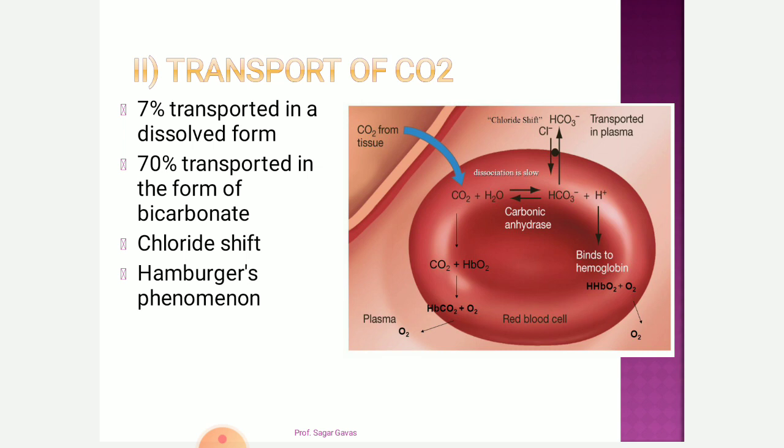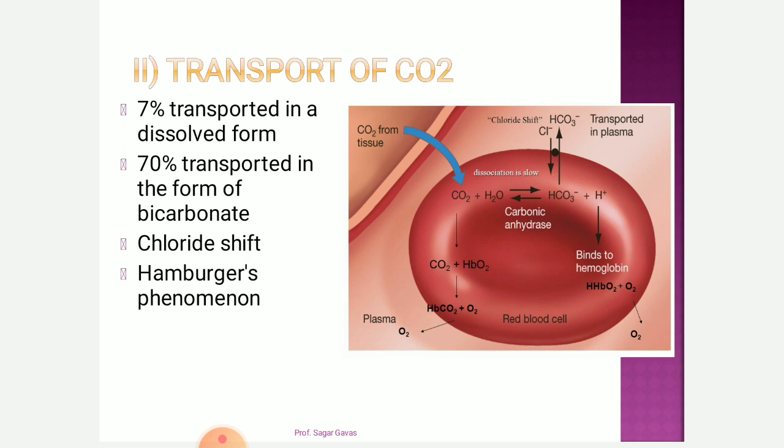H2CO3 dissociates into HCO3 and H plus ion. Now what happens here is that the rate of formation is very high in the RBC. Now this bicarbonate is transported out of the RBC into the plasma. You can make out in the diagram that the bicarbonate ion is transported outside the RBC.